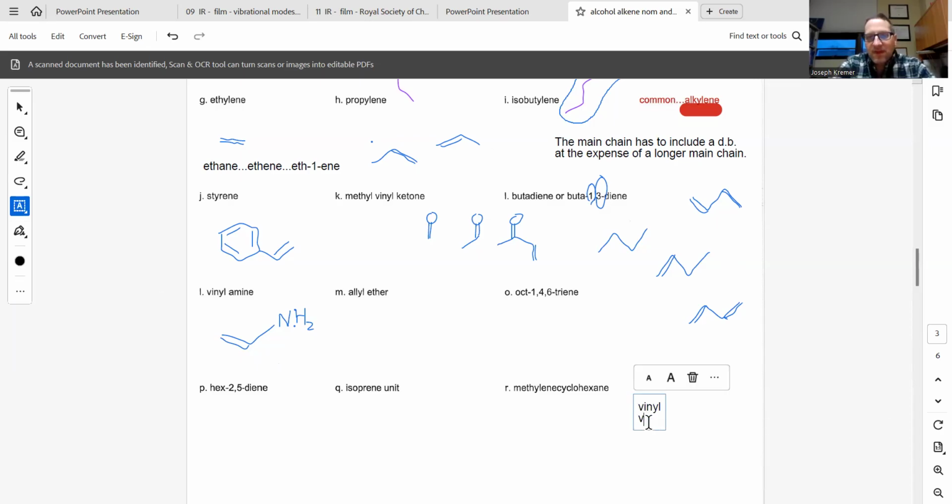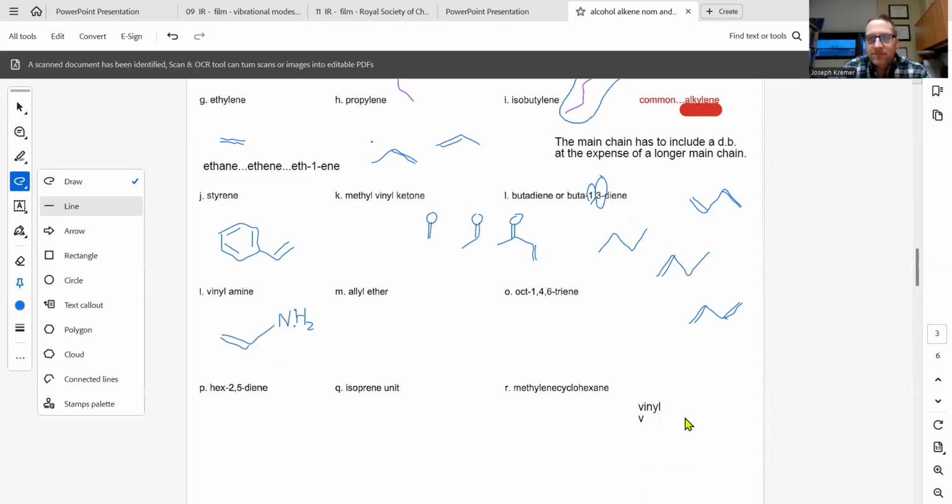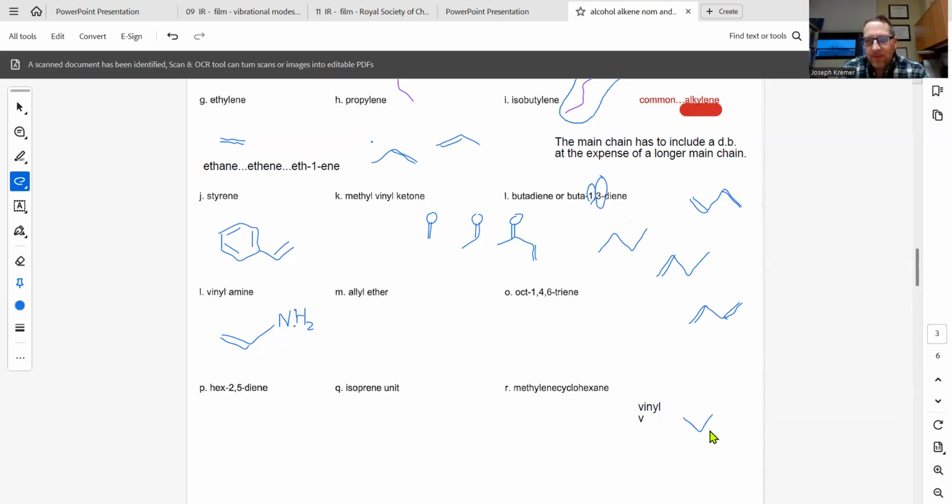It begins with letter V. That's your hint. Draw a V. Terrific. Double bond on one side, and whatever group you're putting up with is on the other side. NH2 is amine.